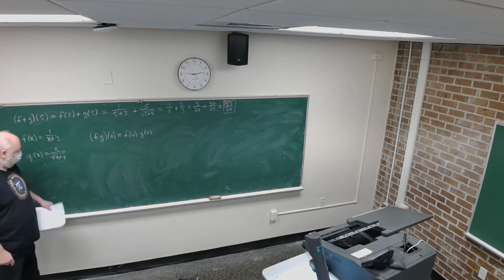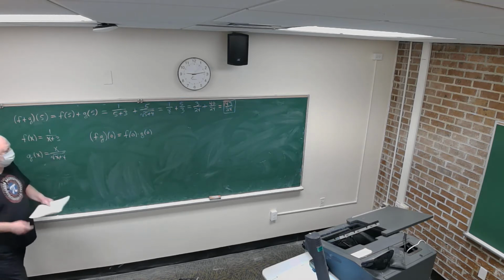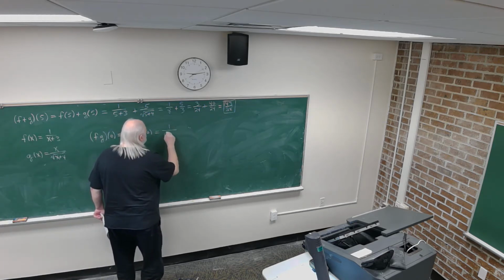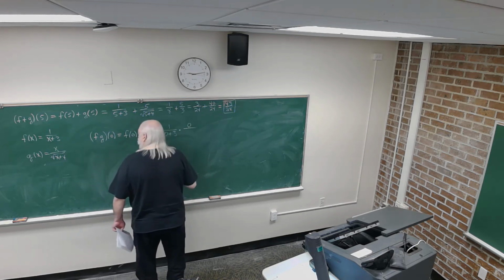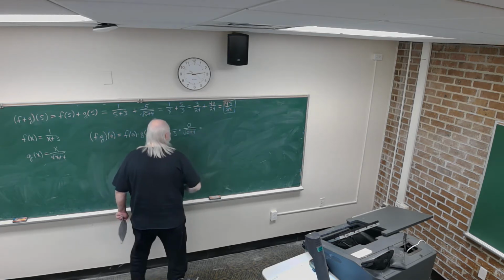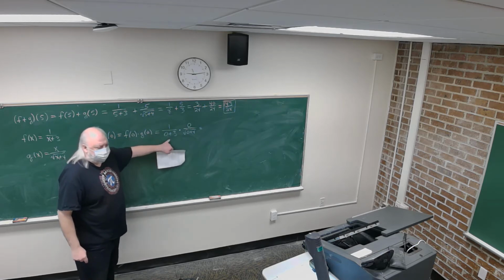Well, f of 0 is 1 over 0 plus 3. And g of 0 is 0 over the square root of 0 plus 4. 0 plus 3 is 3.